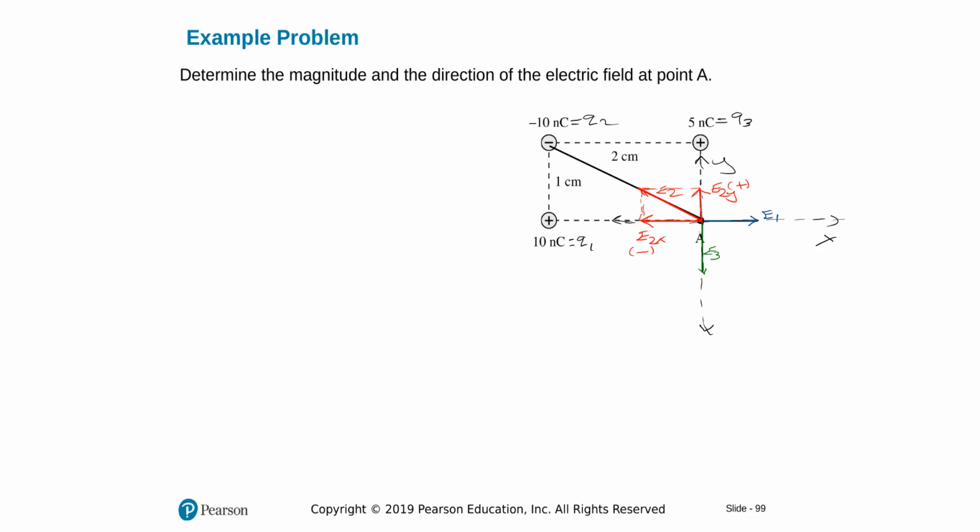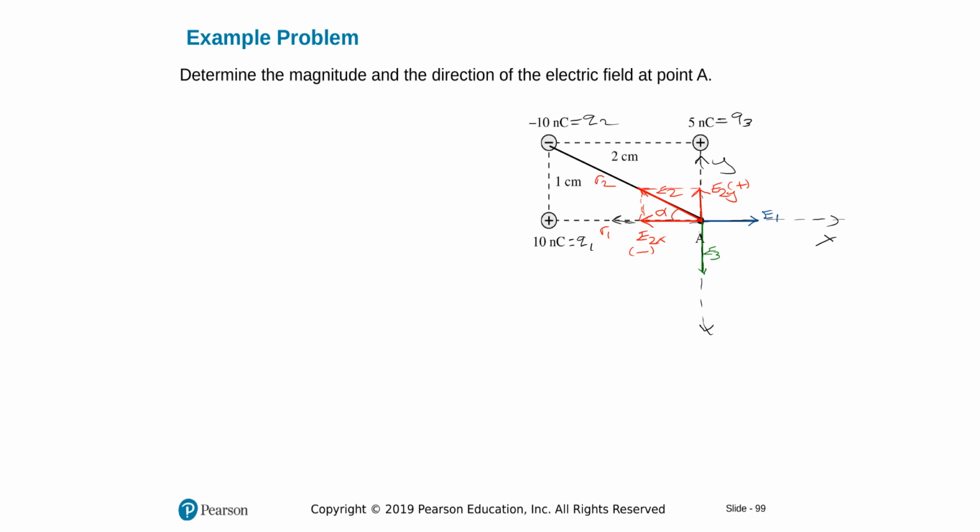Now we're going to calculate the magnitudes of these electric fields, components of E2, and for that we'll need this angle here. We will also need the distances for each. Charge 1 has a distance to point A, we'll call that R1. That's a known distance, 2 centimeters. Charge 2 will have this diagonal distance, R2.